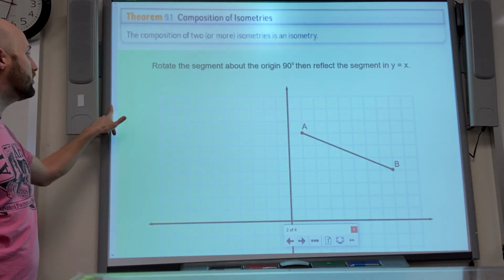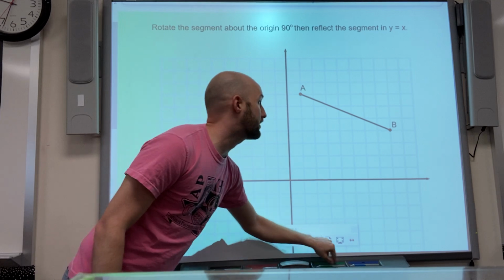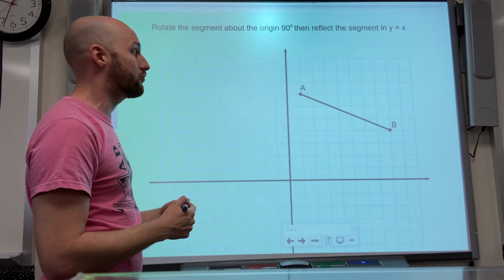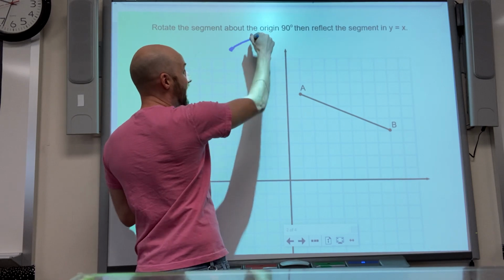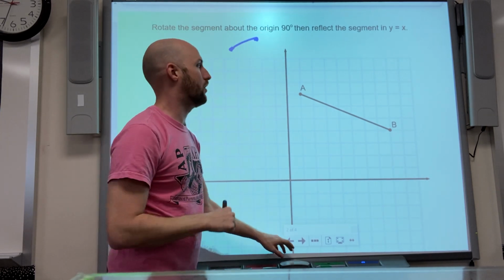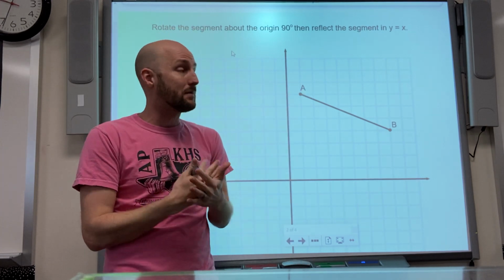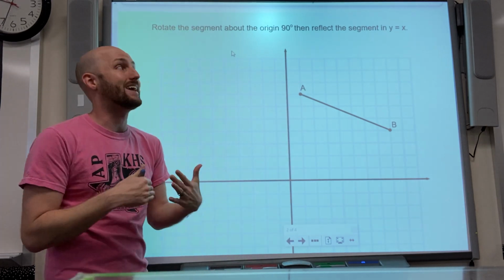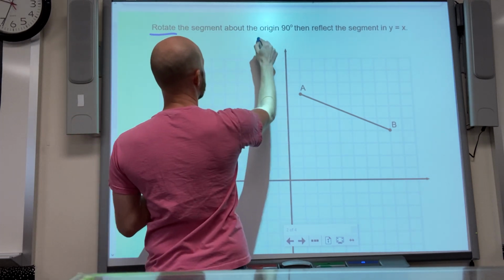Let's do a couple other ones, just dealing with some weirder things that might happen. This time it says rotate the segment. So instead of rotating the triangle, when it says rotate the segment, we actually do want to see the 2 points and have them connected. That might seem nitpicky, but this shape is called a segment, so we want it to continue to look like a segment. The 2 things that we're doing here: we're going to rotate it 90 degrees.